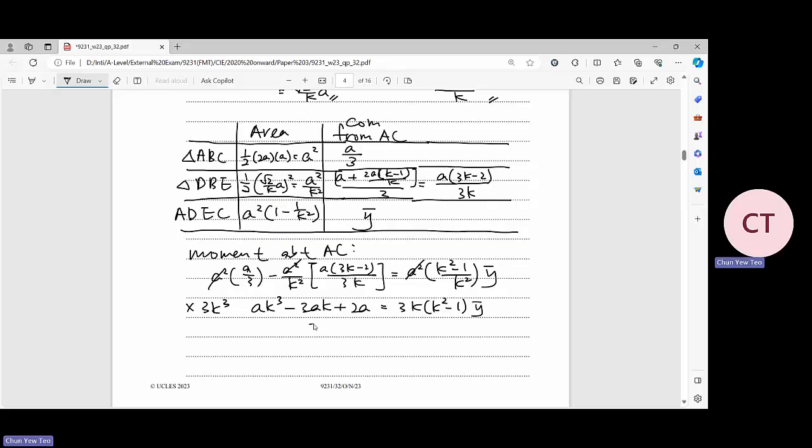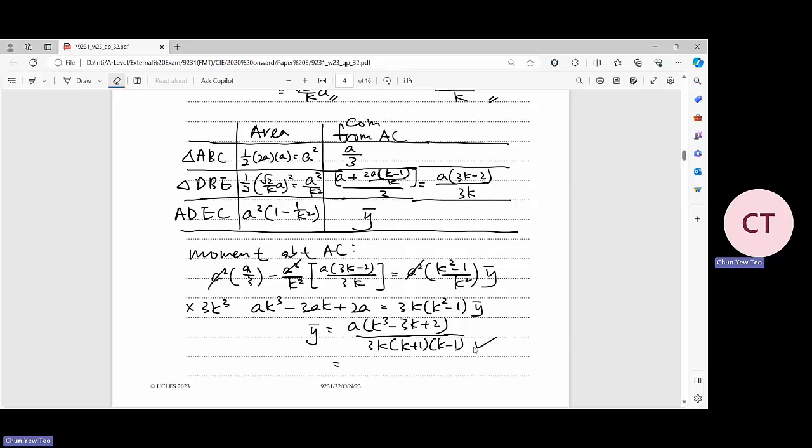I have this bar Y as A K cube minus 3K plus 2, divided by 3K, K plus 1 and K minus 1. Over here, you can leave the answer like this. Actually, it's good enough.